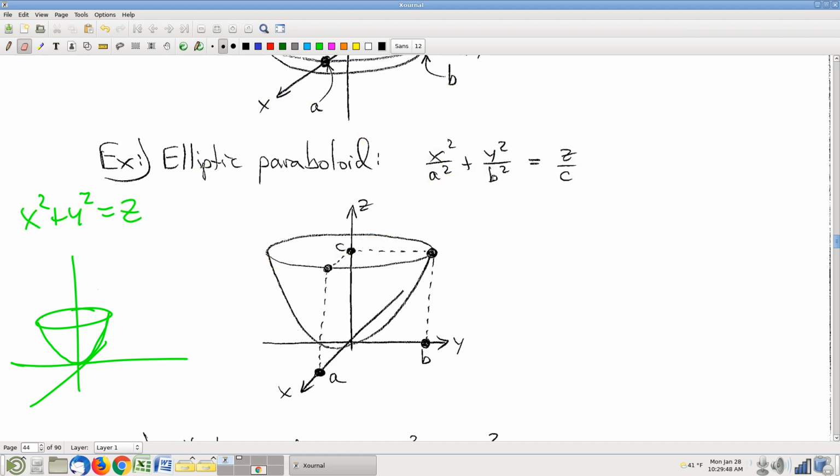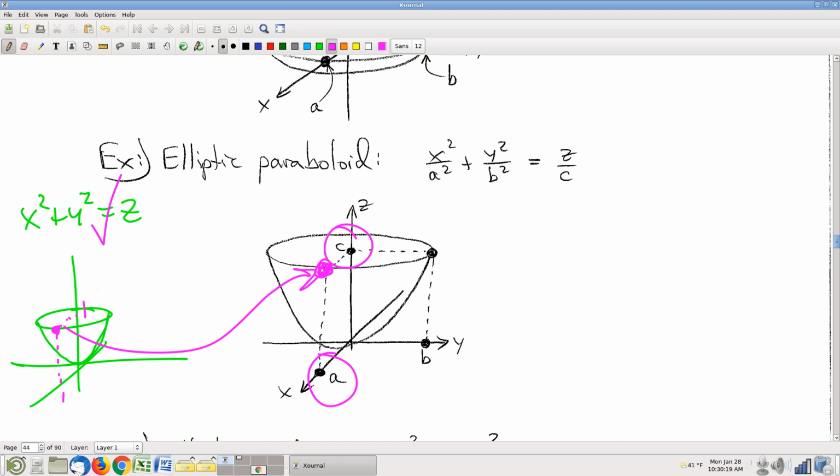And so, for example, let's take that point there. That's (1, 0, 1). That's easily seen to be on that surface, it satisfies that equation, right? That point, when you stretch it as described, turns into that point there with coordinates a and c, like that.